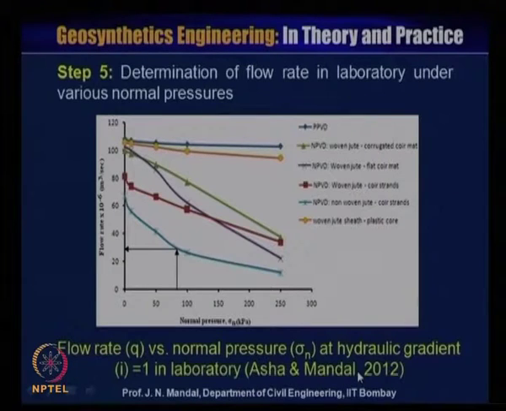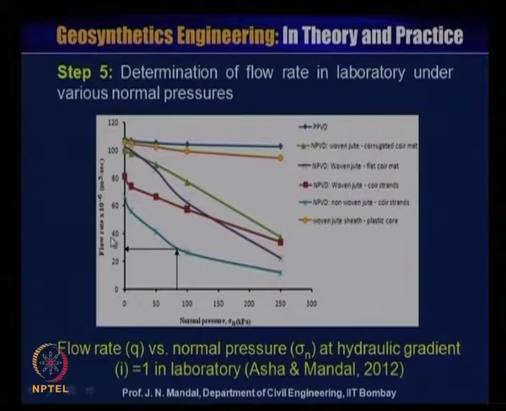So, this is step 5, determination of flow rate in the laboratory under various normal pressure. Here you can see the relationship between the flow rate, that is 10 to the power minus 6 meter cube per second, and the normal pressure sigma n in kilopascal.